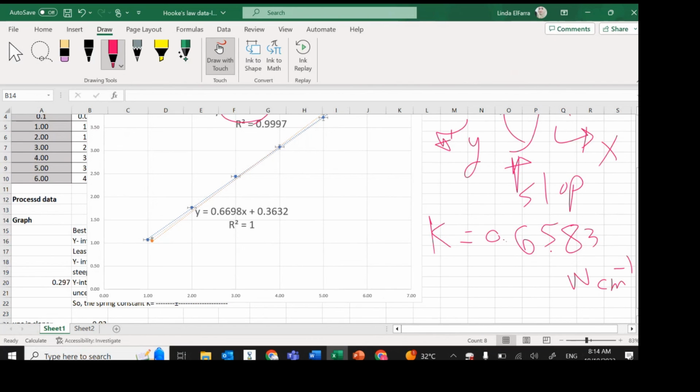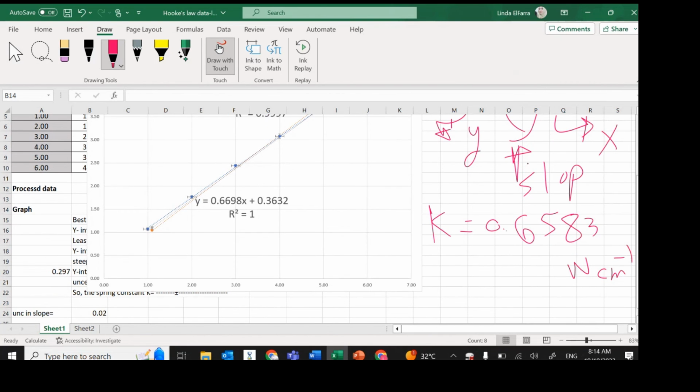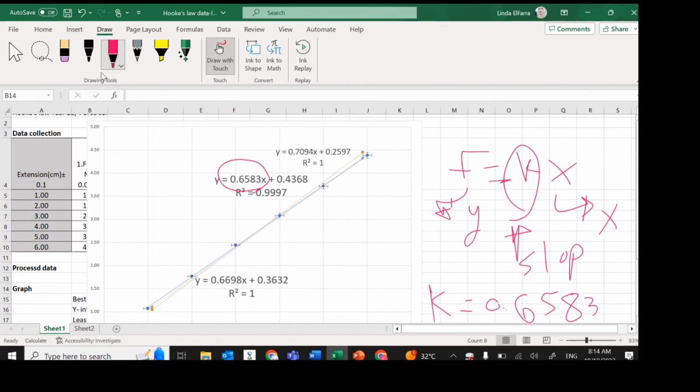Now for the uncertainty in K, we know it's maximum slope minus minimum slope divided by 2. This is the uncertainty in K. So the value of the maximum slope is this one. And the value of the minimum slope is this one.